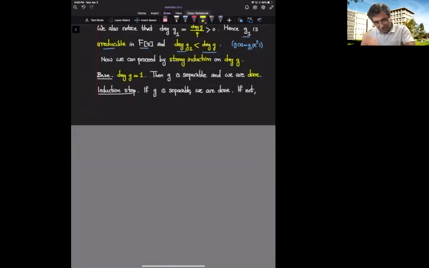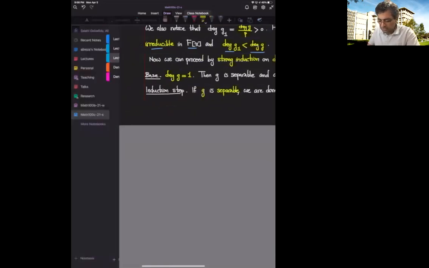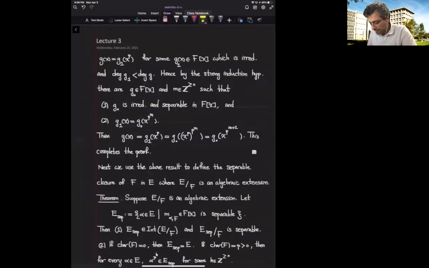Now let's go to the induction step, the important part. If g is separable, again we are done. So let's assume that g is not separable. Then by the argument that we just presented, it's going to be g1 of x to the p for some g1 that is also irreducible, and its degree is strictly less than the degree of g.